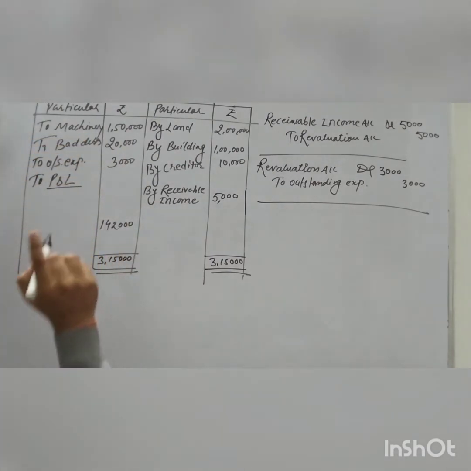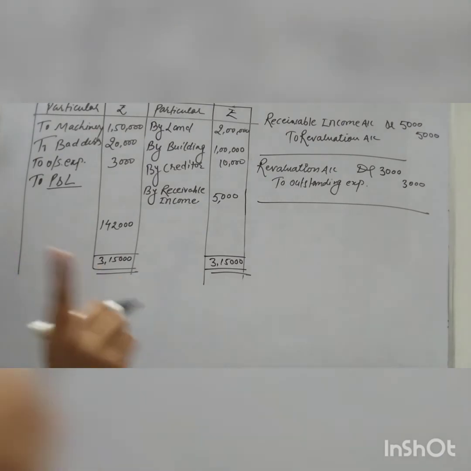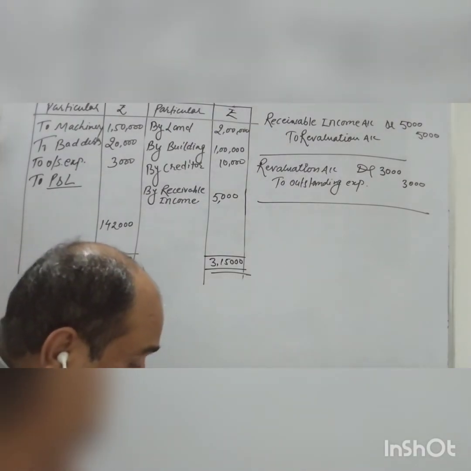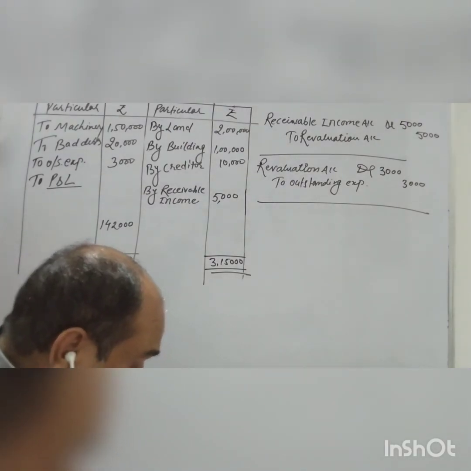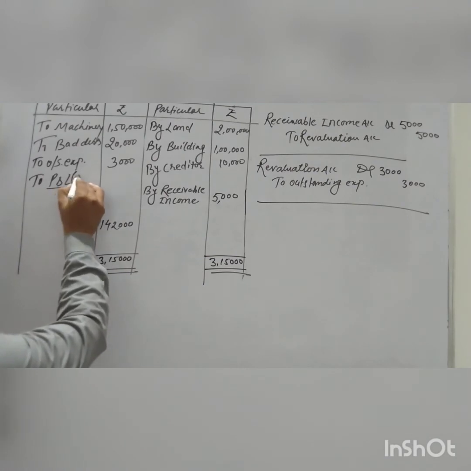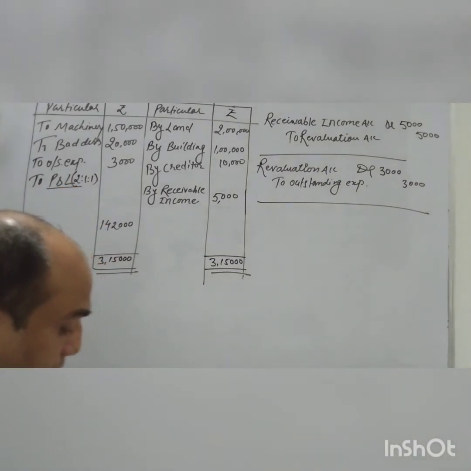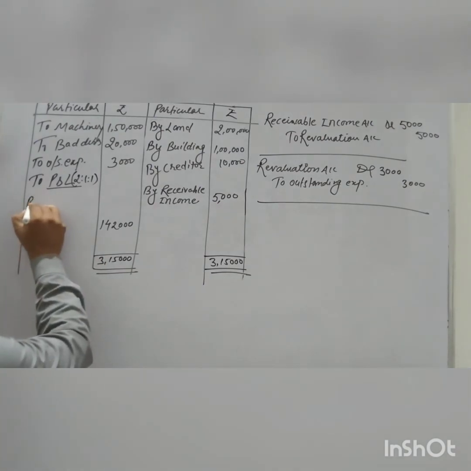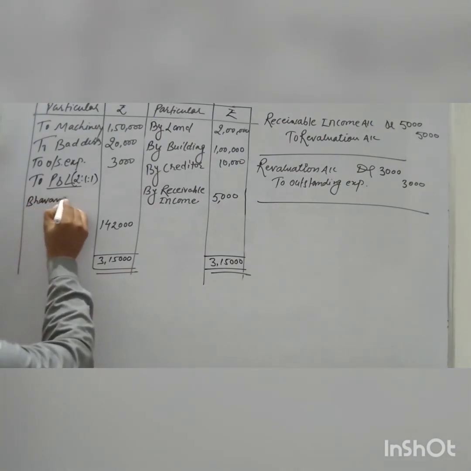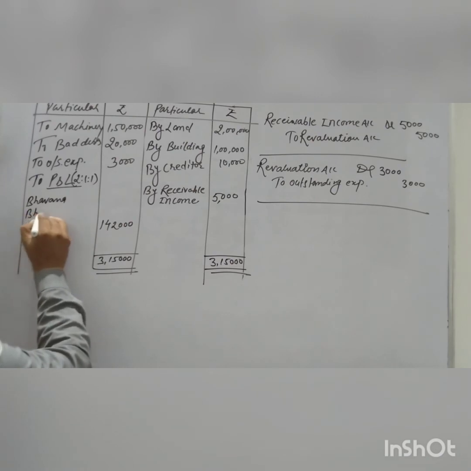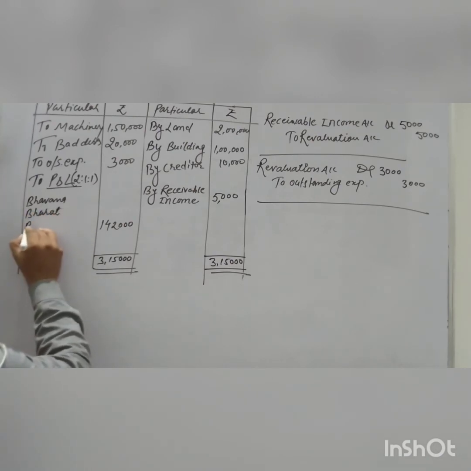So this profit will be distributed among the partners in the profit sharing ratio. Okay, to profit and loss, the profit sharing ratio is given over here in the question, 2:1:1. Okay, now here the partner names are Bhavana, Bharat and Bhumesh.